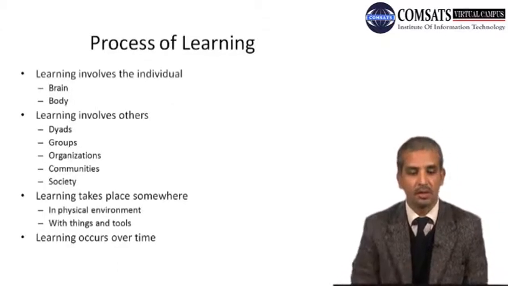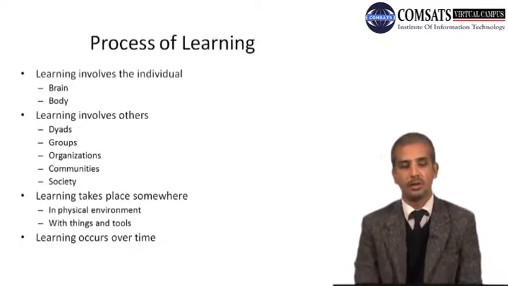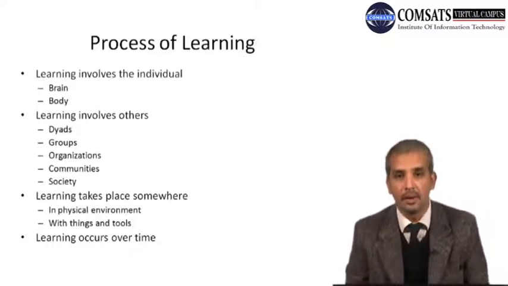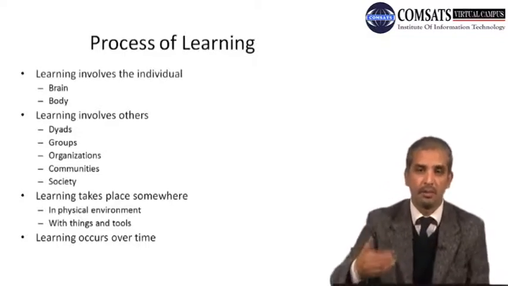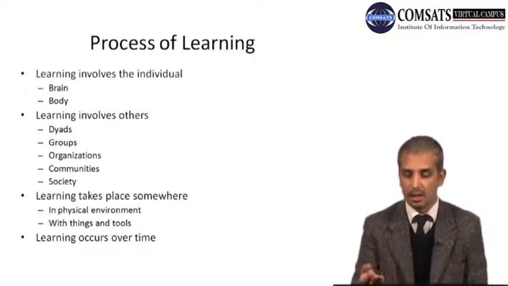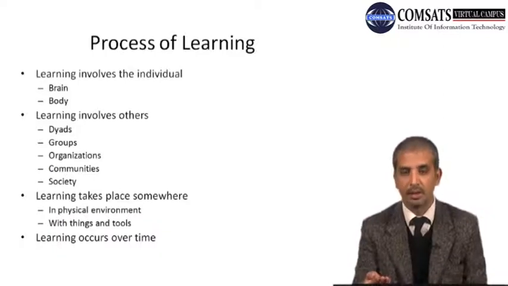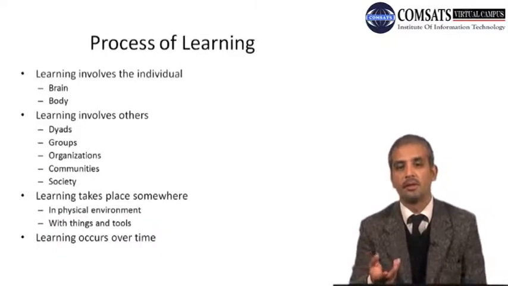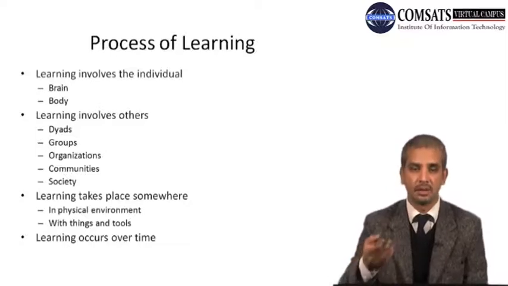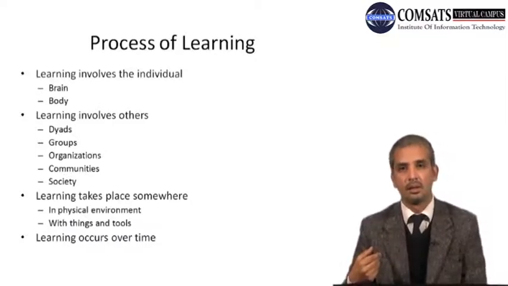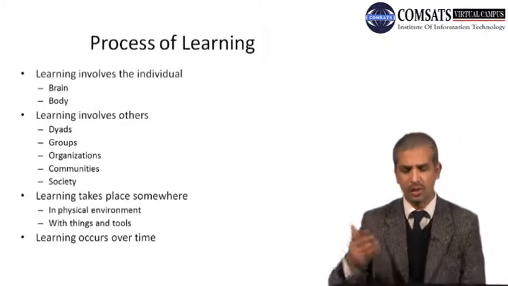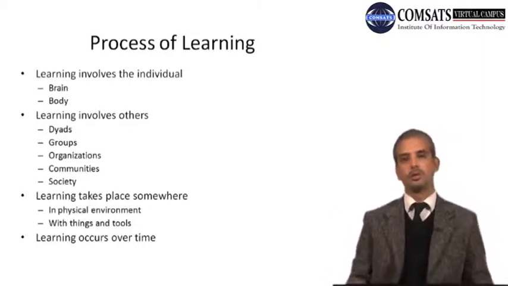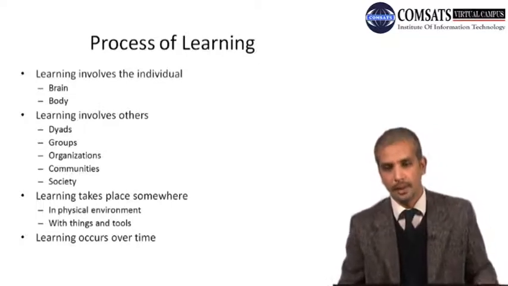Now, how is it a process? Learning involves the individual's brain as well as body. You learn from, for example, your physical experiences. There are the five senses: the smell, the sight, the voice, the hearing and the touch.